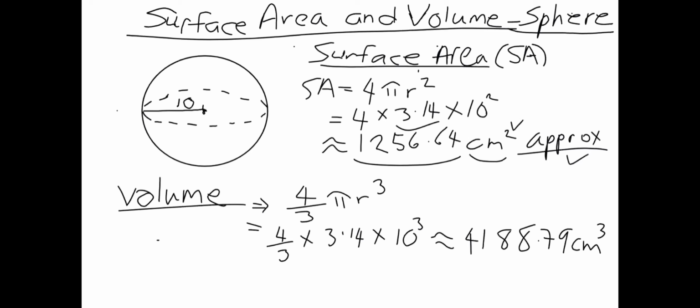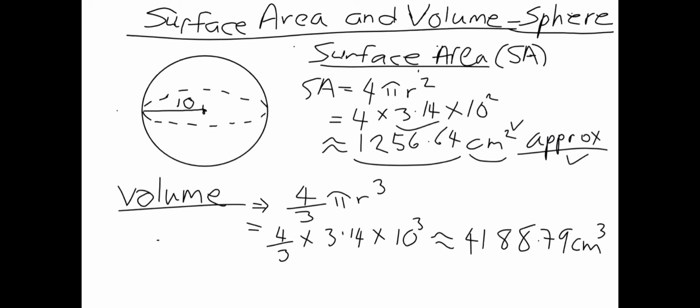Volume, however, is 4/3 pi r cube. And just to remind ourselves that r, which is the radius, if we are given the diameter, we can find the radius by dividing by 2.